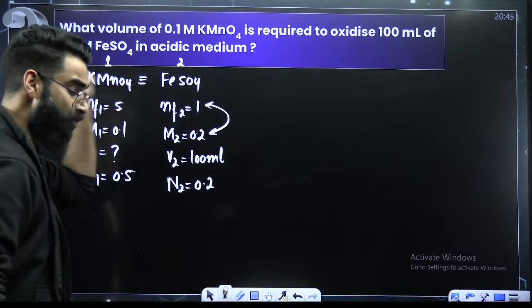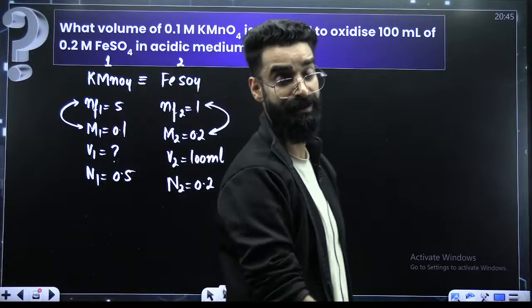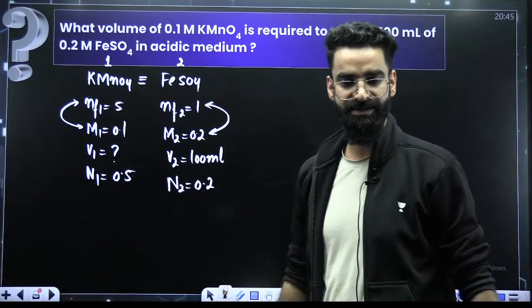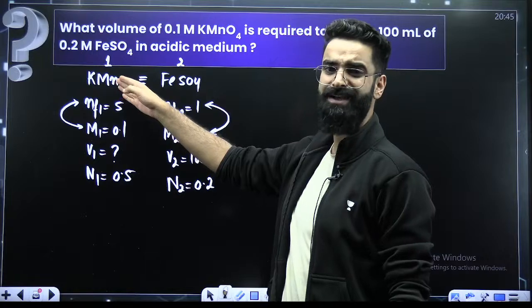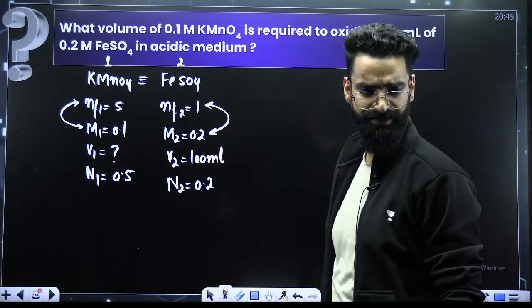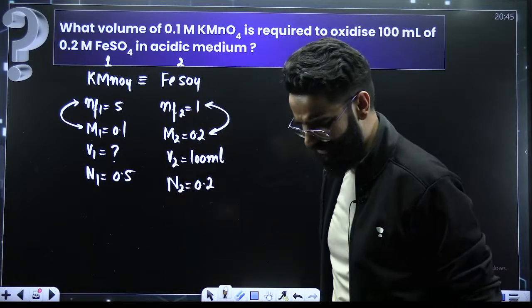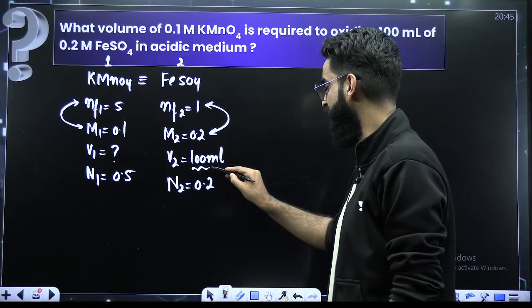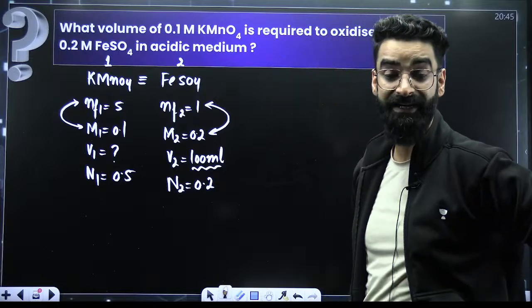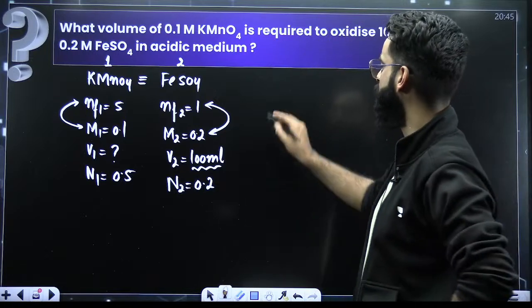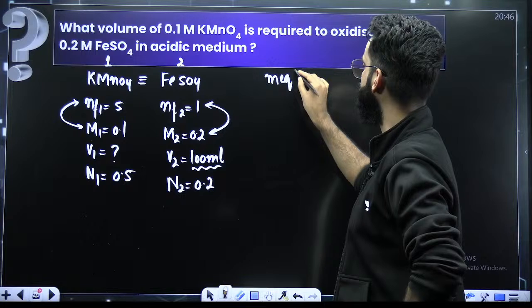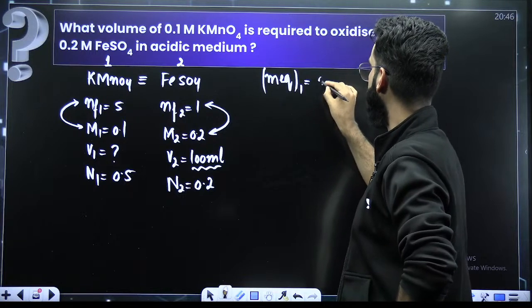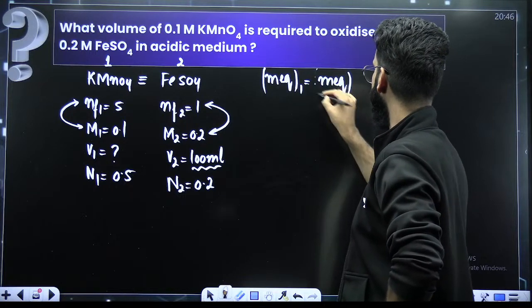Now, since these two are reacting, as per the equivalent concept, gram equivalence of this reacted should be equal to gram equivalence of this reacted. Or you can use a statement in terms of milli equivalence. Since the volume is in ml, we use a statement in terms of milli equivalence. So milli equivalence of first reacted has to be equal to milli equivalence of second reacted.